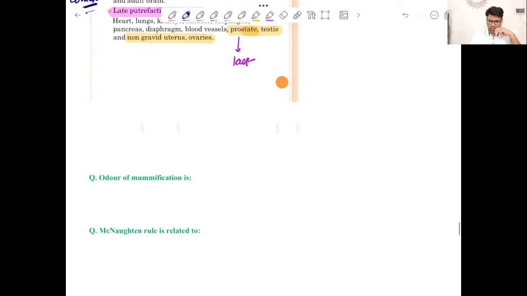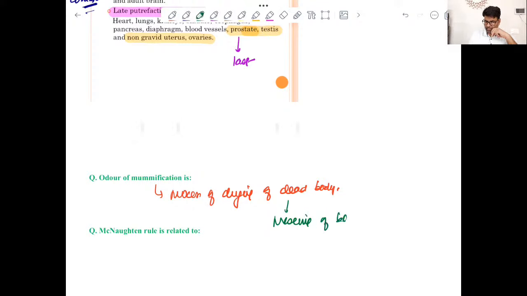Now, what is the order of mummification? I think it's very easy. Everyone can answer it. This is a process of drying of the dead body, preserving bodily features.